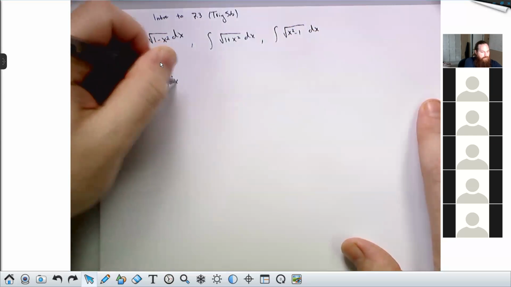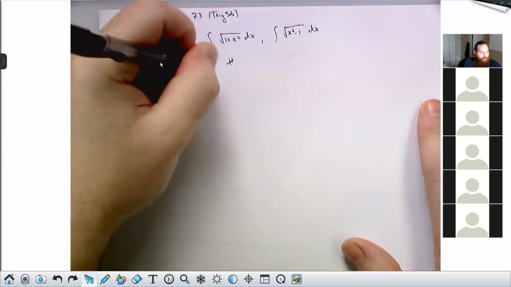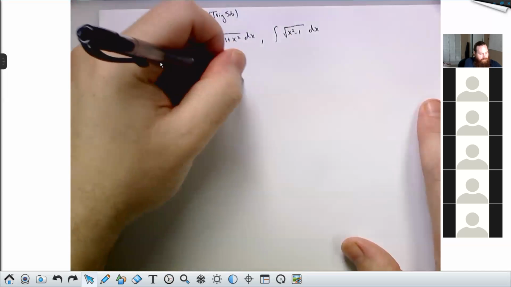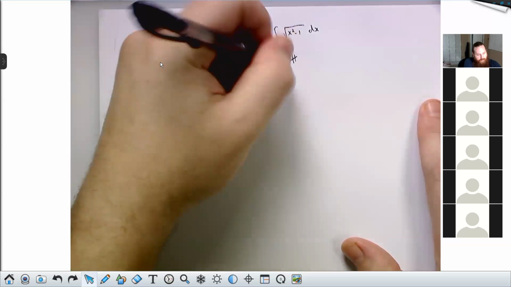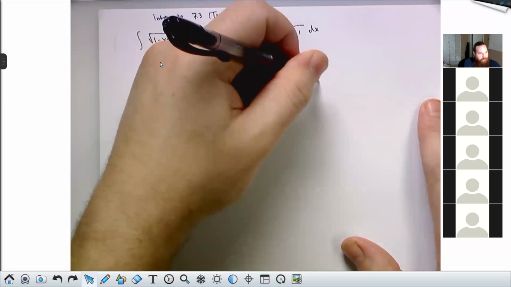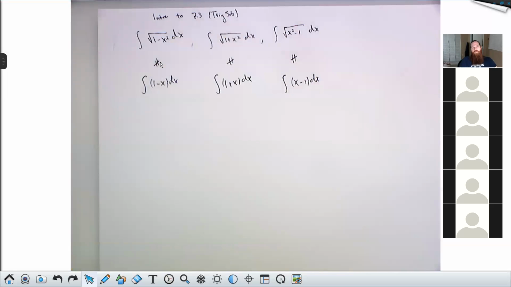This is what I want to make clear today. This is not equal to the integral of 1 plus x. And this is not equal to the integral of x minus 1. That stuff does not work. Square roots just never do that. Right? Never ever. Square roots do not distribute over addition or subtraction.